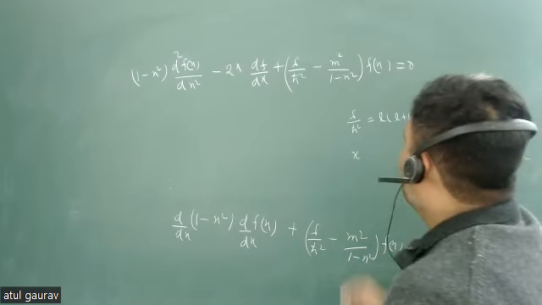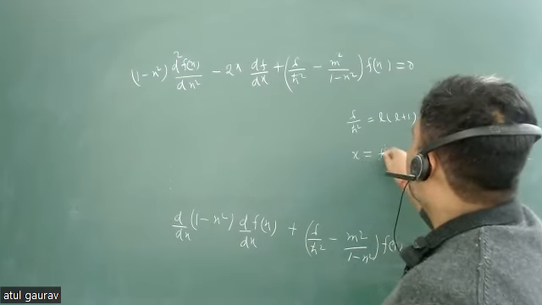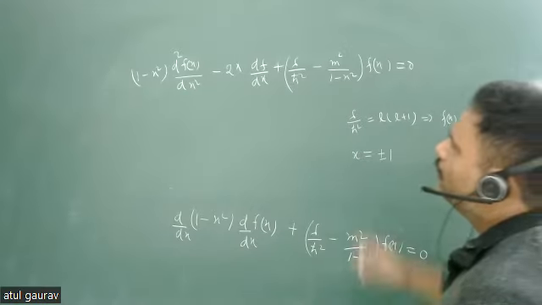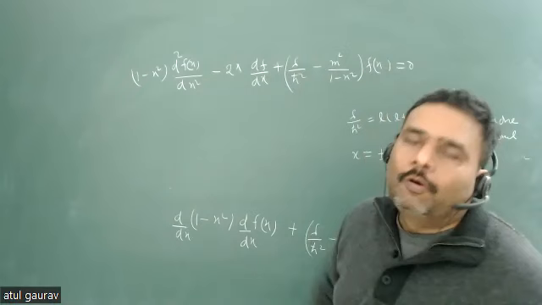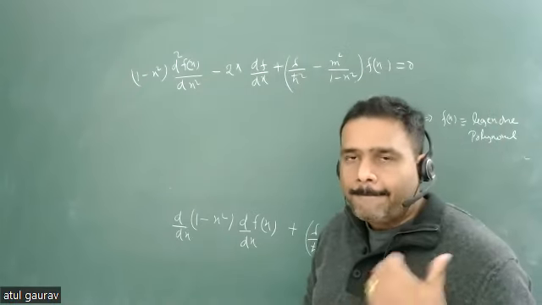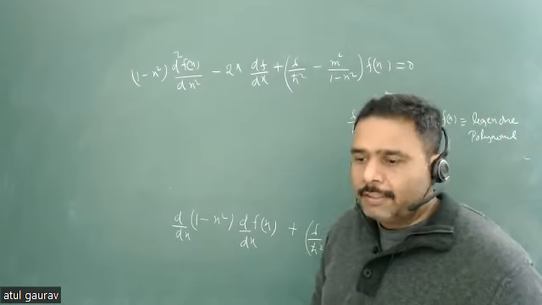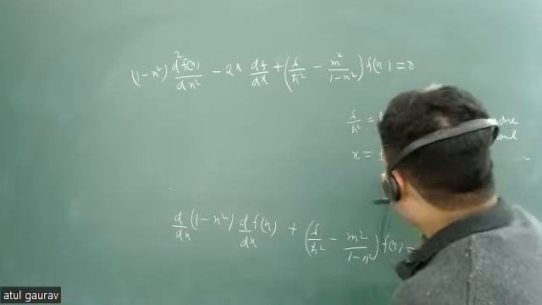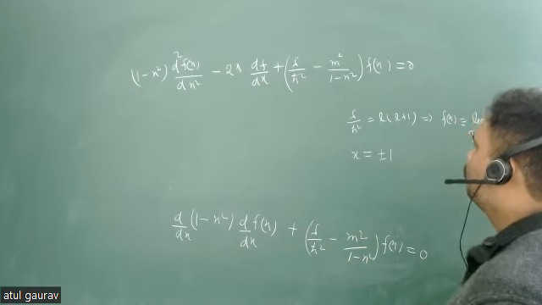And now you can see at x is equal to plus minus 1, this whole equation is going to what? Diverge. है ना? Plus minus 1 is something like a singular point. So avoid this singularity.